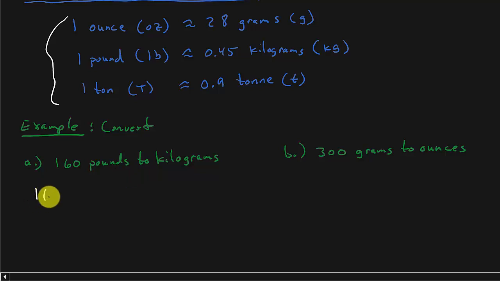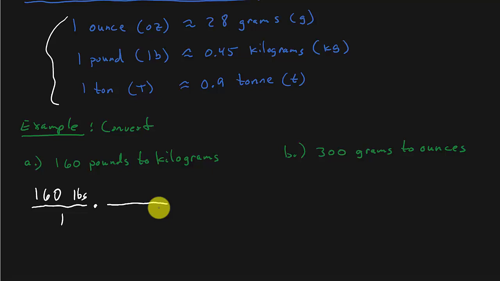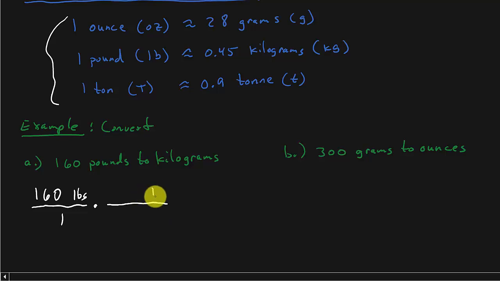Once again, just write it down: 160 pounds, put that over 1, and then multiply it times a fraction. What are we converting it to? Kilograms. So kilograms has to go on top, and I need pounds on the bottom because I need it to cancel out. Let's look at the relationship between kilograms and pounds.